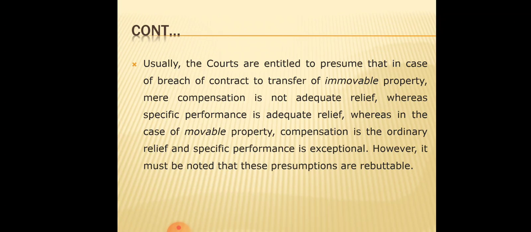So whether it is immovable property or movable property, the relief or remedy of an injunction, declaration, or specific performance may vary according to facts, circumstances to circumstances, place to place, and party to party.